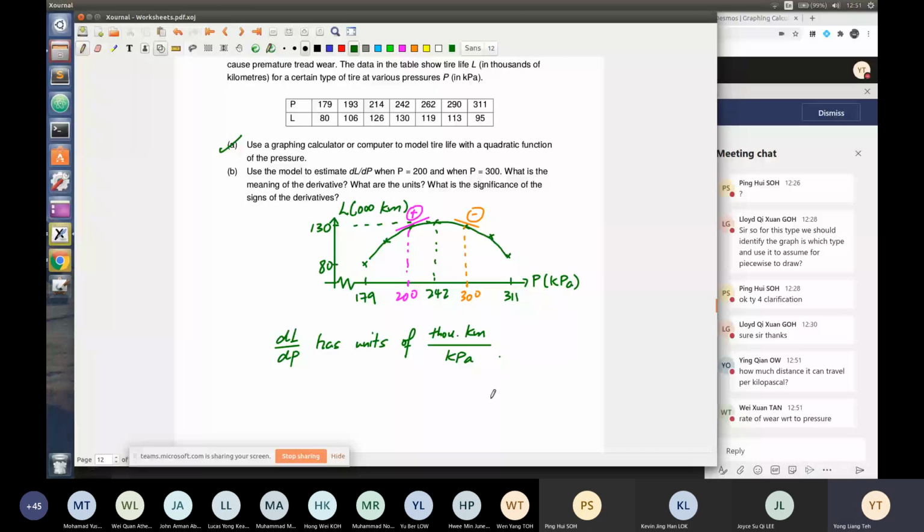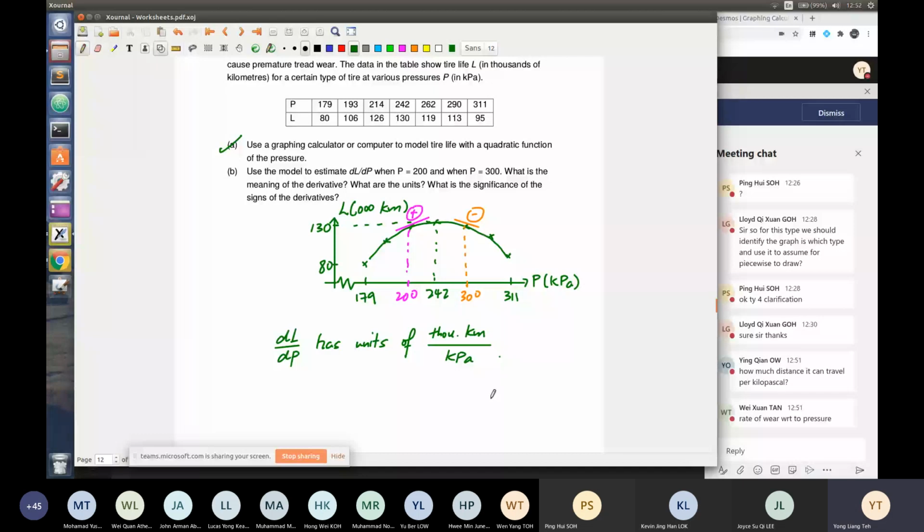First of all, the 1,000 kilometers is actually not the rate of wear. Okay, because rate of wear for tire usually is, for example, I can define the rate of wear of a tire by saying how much tread wear per unit time, then that is known as the rate of wear. But this one is DL, which is actually the life in thousands of kilometers, so it's actually not rate of wear.